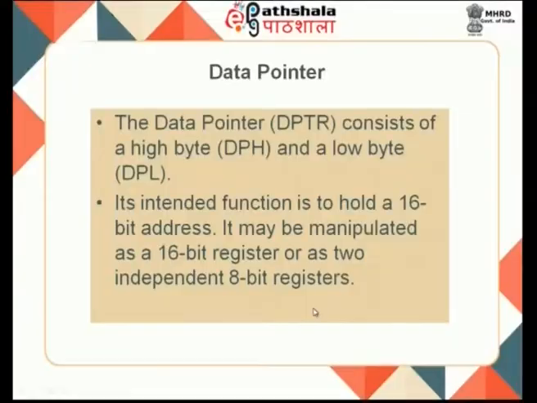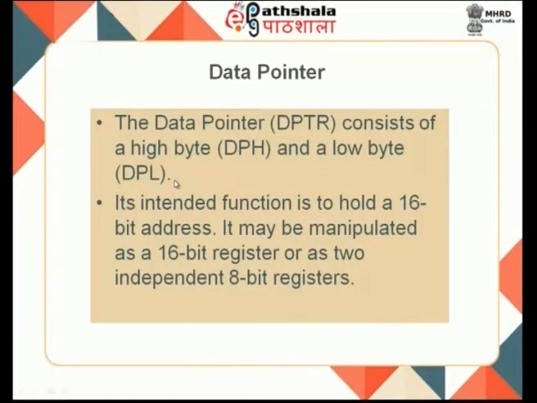So, as I told you, this is a pointer which points to the stack top, and this is the data pointer. DPTR is nothing but a data pointer which consists of two registers, one is DPH, another one is DPL. DPH and DPL combined together we call DPTR.